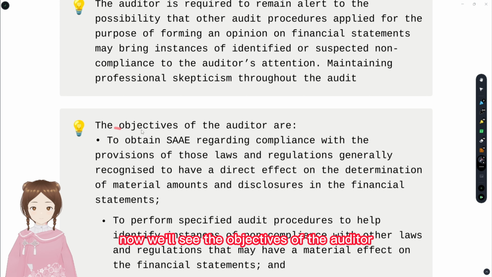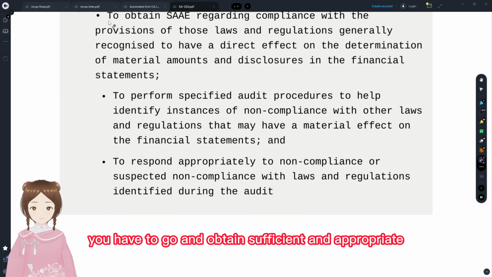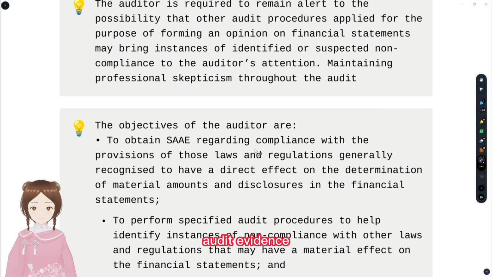Now we'll see the objectives of the auditor as per SA 250. First, he has to obtain sufficient and appropriate audit evidence regarding compliance with the provisions of those laws and regulations generally recognized to have a direct effect on the determination of material amounts and disclosures in the financial statements. What are they talking about?